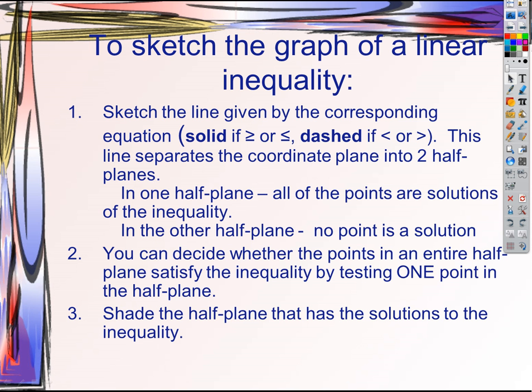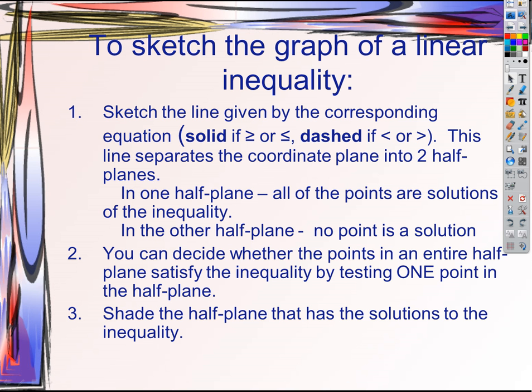Graph the boundary line. Now there's one important thing you have to pay attention to here. If the inequality includes an equal sign, then our line is going to be solid. If the inequality does not include an equal sign, it's going to be dashed. How come, do you suppose? So you can't mix it up? Okay, we can't mix it up, that's true. But there's something else that's communicating to us.